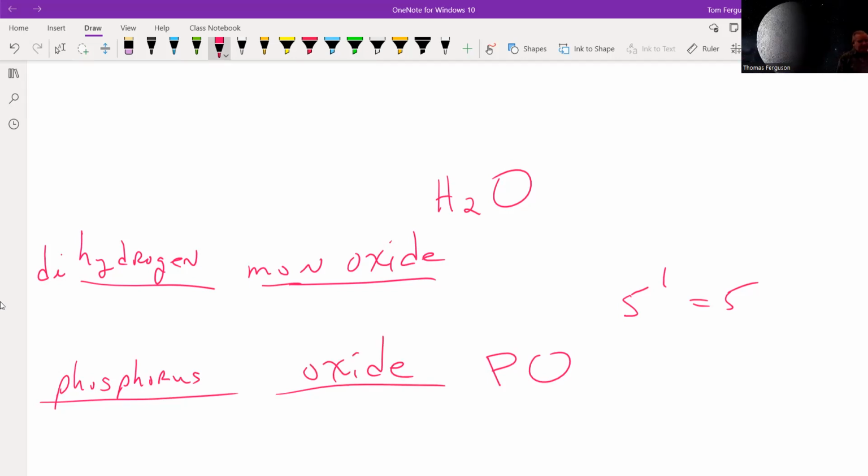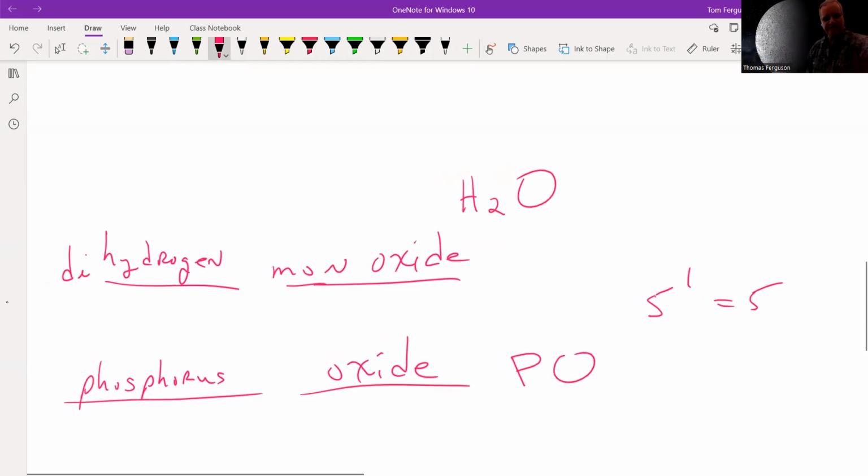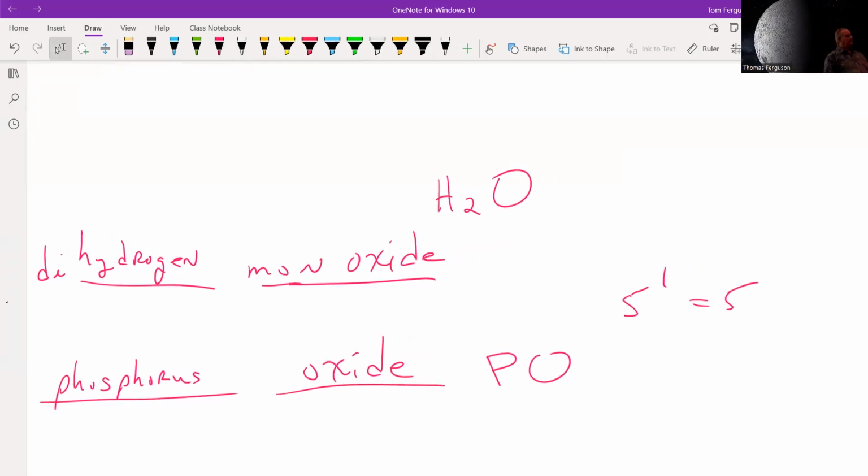Okay, so we have one phosphorus. We can use mono or we can leave it off because it's on the left side. Your left, okay? The oxide has to be there, so that's required. So it's phosphorus monoxide or monophosphorus monoxide.